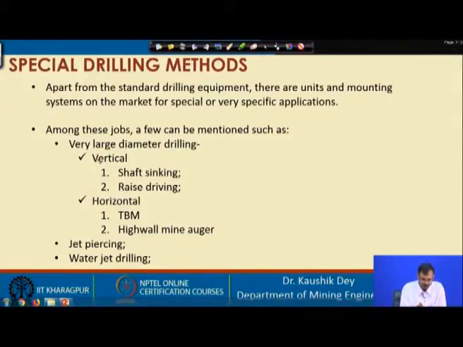This large diameter drilling may be vertical, and if we carry out this vertical drilling of large diameter, it may be either for shaft sinking or for raise driving.